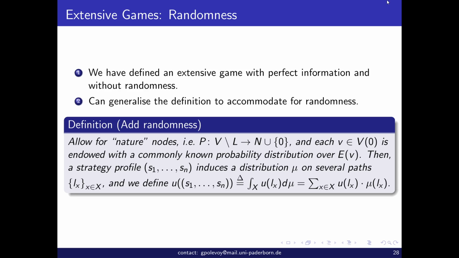Formally it's the Lebesgue integral measured by this distribution, or in the countable case, when things converge, you can just say it's a sum of the utilities of the paths weighted by the probability of the path.